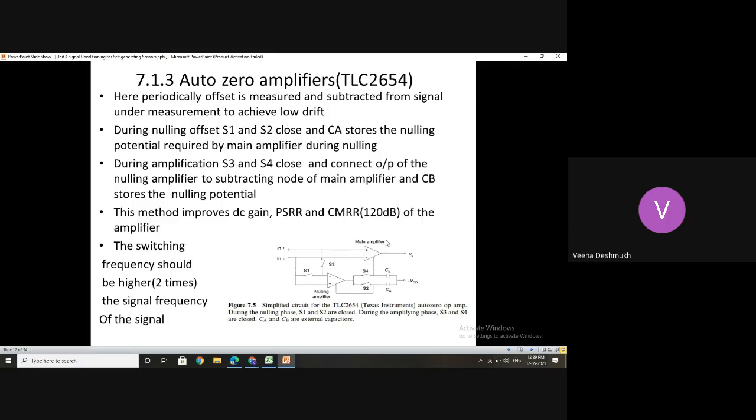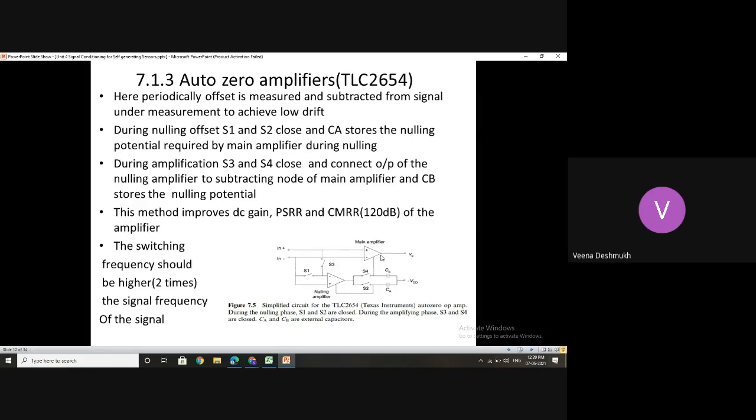So this IC is readily available, and whenever you have to use it in accurate measurements, just connect this IC after the sensor stage.